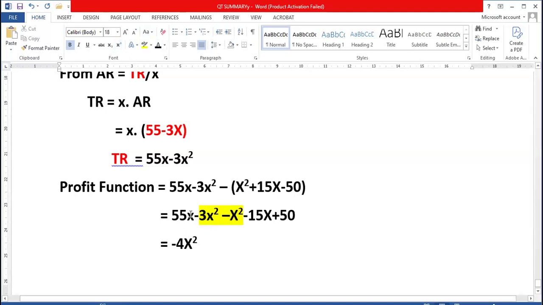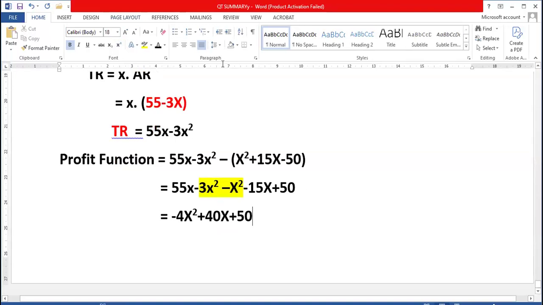Now you deal with where you have x. It will be 55 minus 15, that is positive 40x. Then plus 50. So that is your profit function.